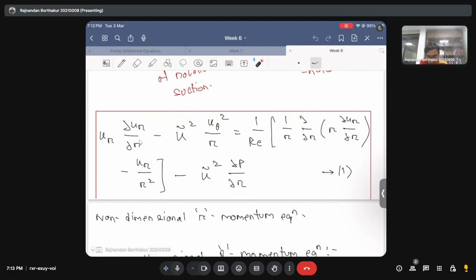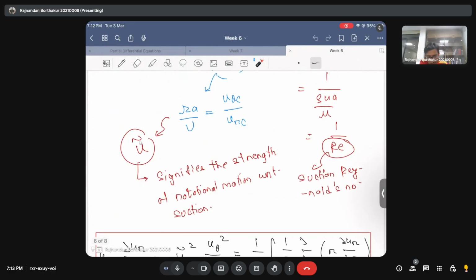For instance, we encountered a parameter u tilde, which is the ratio omega a by u, which is nothing but the strength of the flow in the theta direction relative to the strength of the flow in the r direction, which is due to suction. So u tilde basically says how strong the rotational motion of the fluid is with respect to the radial suction taking place at the interface.